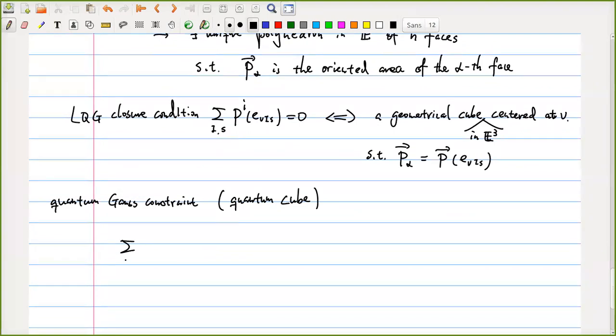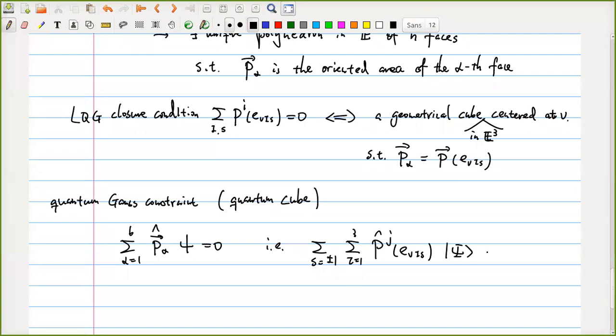Quantization means the sum over alpha from 1 to 6 of the vector p alpha acting on psi equals 0. This means a quantum cube, a quantization of the closure condition, or equivalently in terms of the flux variable, the sum over the six faces with plus or minus 1, sum over J from 1 to 3, of p hat J acting on psi equals 0.